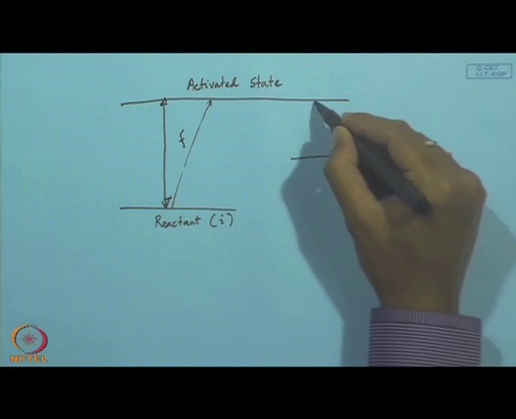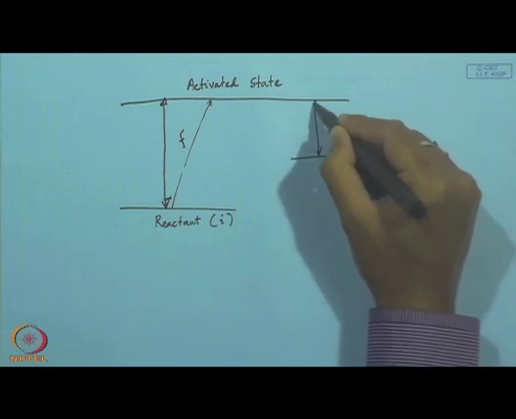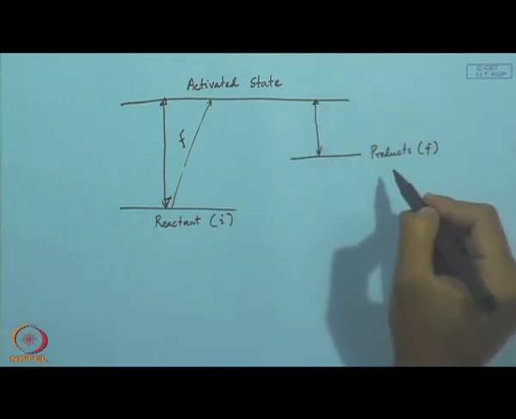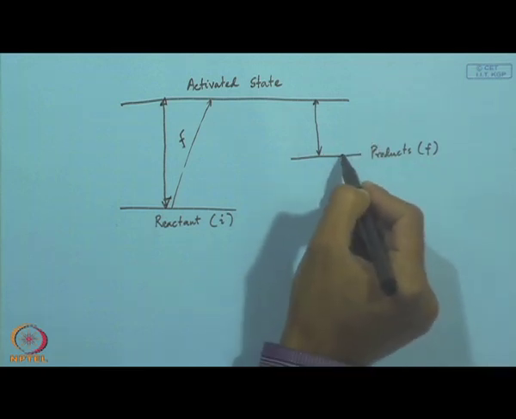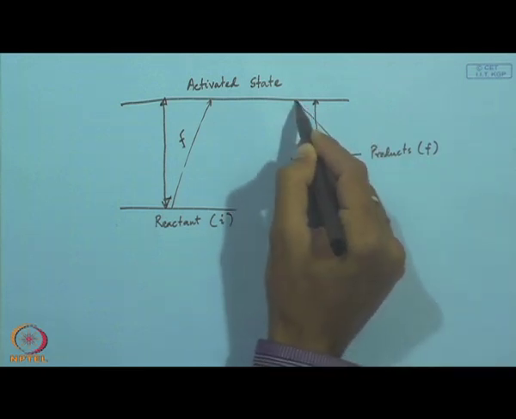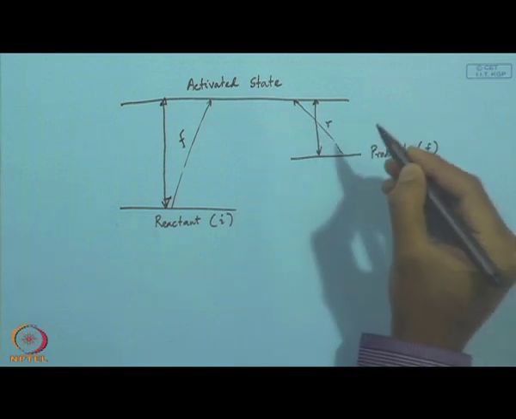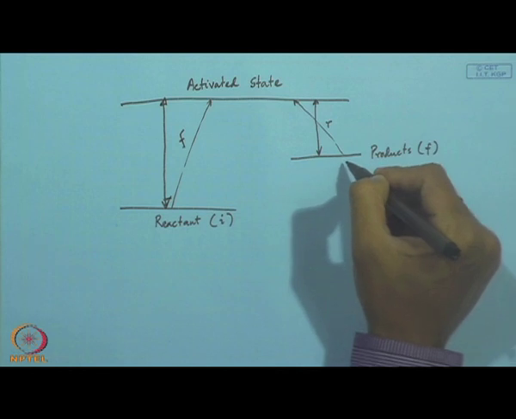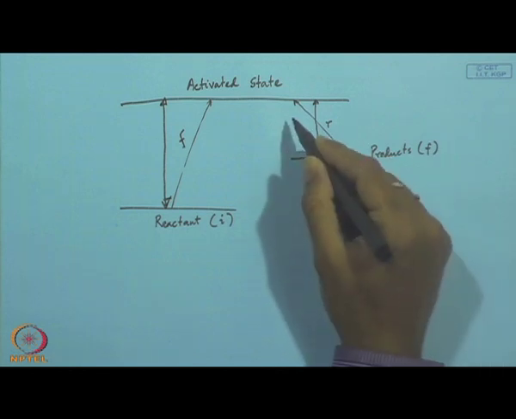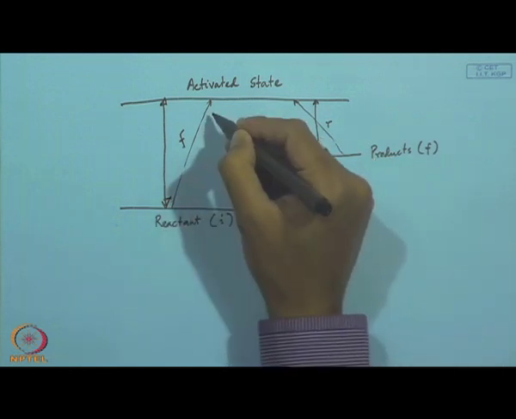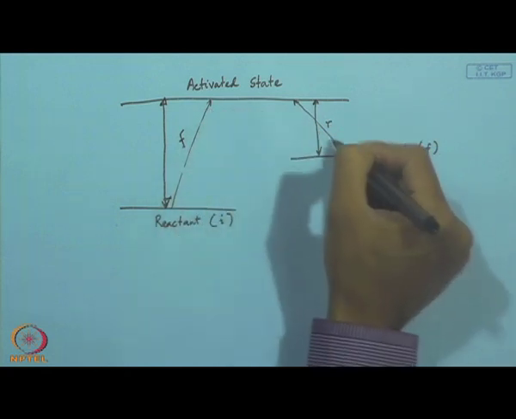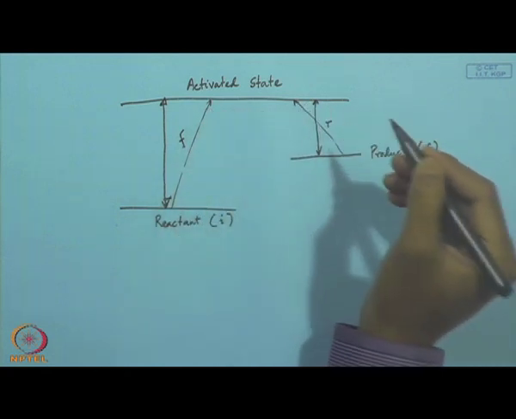In the same way, this difference is the difference between the activated state and the product state, and if you draw an arrow like this, it is for the backward or reverse process. So, it is called the activation energy for the reverse process. This is the forward activation energy, and this is your reverse activation energy.